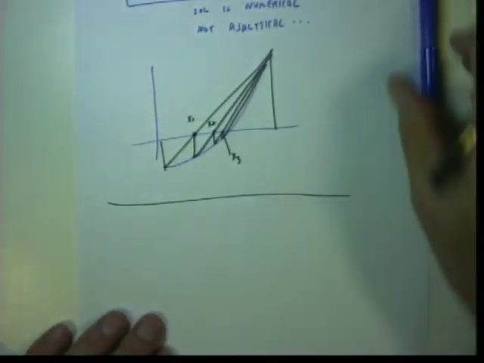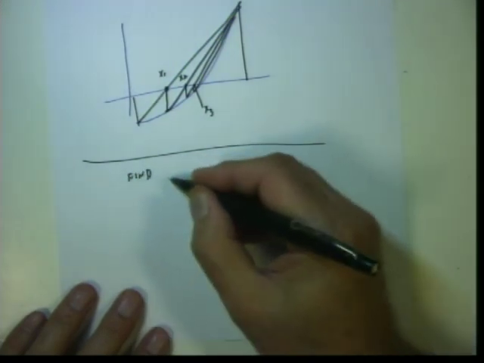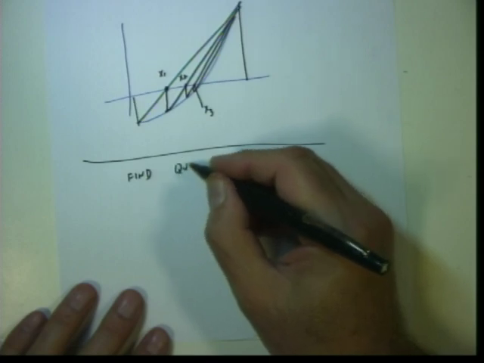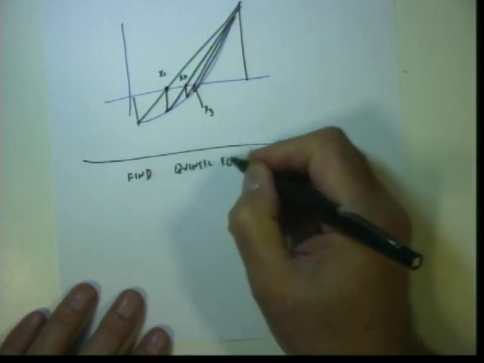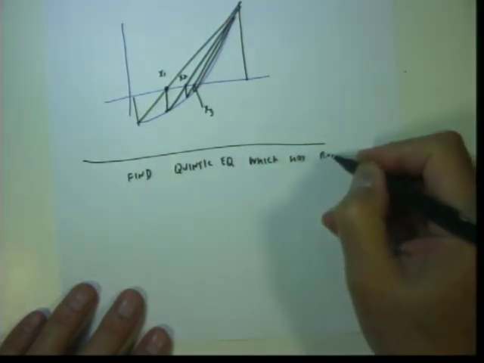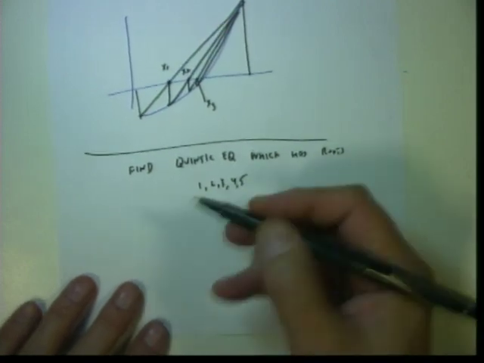But if I find a quintic equation which has roots 1, 2, 3, 4, 5, it's very easy.